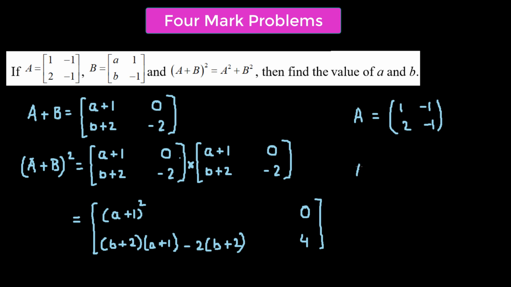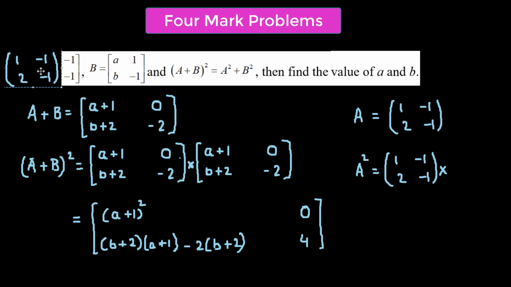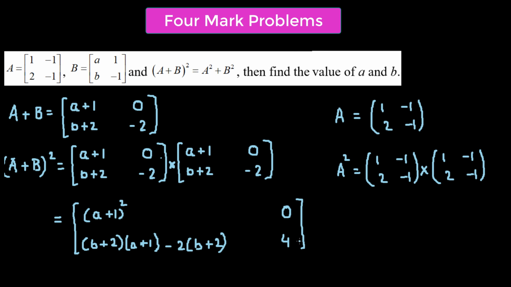So let's try to find out the value of a squared. This will be simply the matrix A, and then we multiply it by itself. So this should give us 1, negative 2.